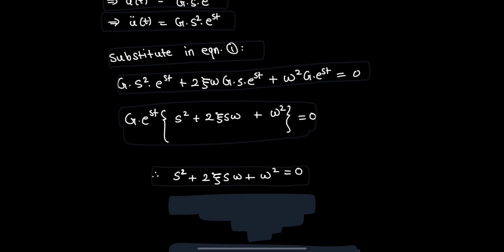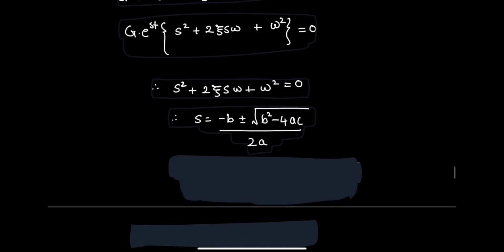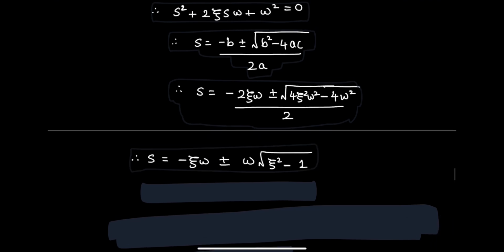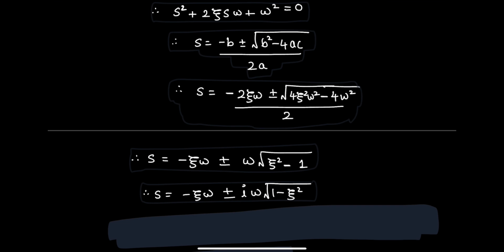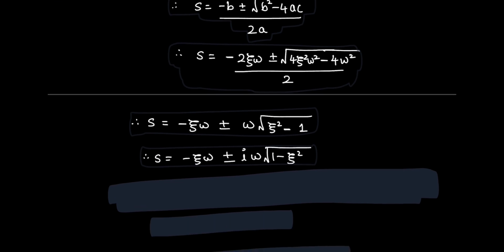We see that this equation is a quadratic equation in s. Hence, we solve for s using the quadratic formula. We substitute the values and finally obtain s is equal to minus zeta omega plus minus omega under root zeta square minus 1, where omega is the natural frequency and zeta is the damping ratio.